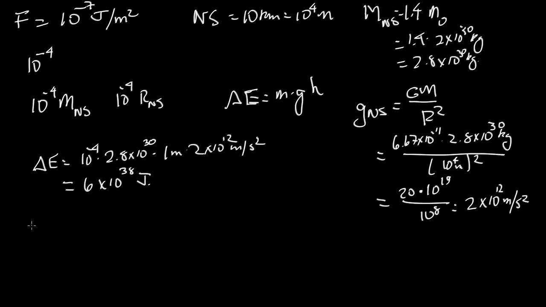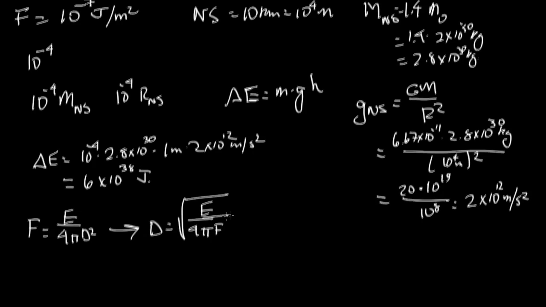Now we know that the fluence is going to be equal to the energy of the object divided by 4 pi times the distance squared. Or in other words, the distance is equal to the square root of the energy divided by 4 pi times the fluence.